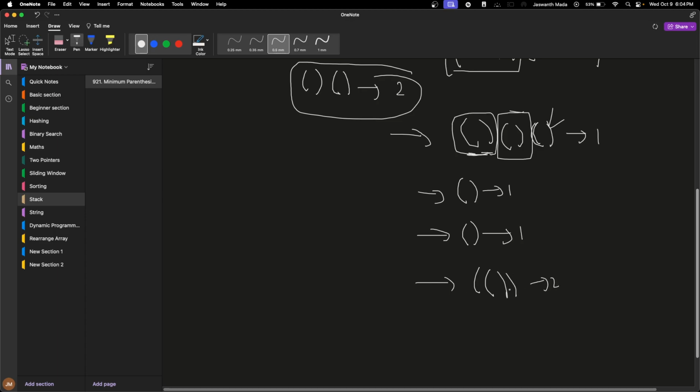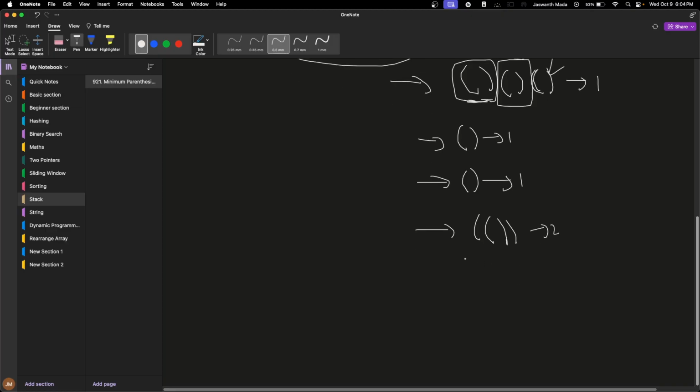I don't know whether you're getting an intuition or not, but the thing is that in the given string, we just need to identify the number of invalid parentheses. So if you observe carefully here, these two guys are valid, right?